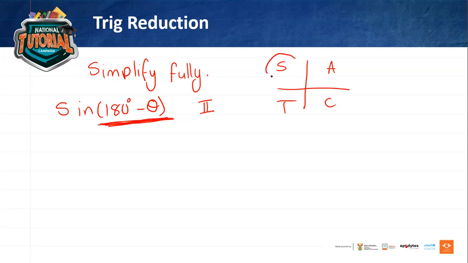If we go to quadrant 2, we see that sine is positive, and everything else would be negative. Our trig ratio is sine, so it is going to be positive sine, and we reduce it to the acute angle, positive sine of theta. So we identify the quadrant, then we identify whether it is positive or negative.